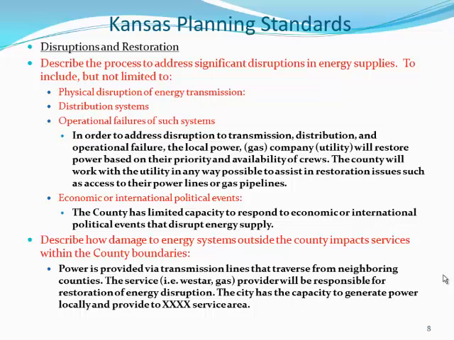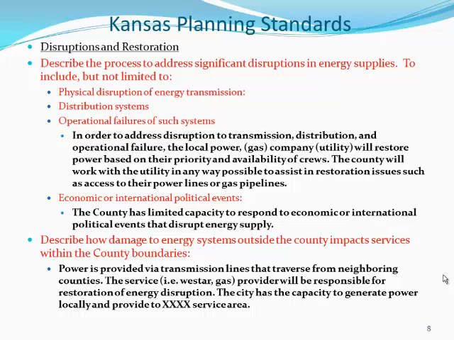They're going to do it based on their initial priority, and the best that we can do a lot of times is to cooperate with the organization and just do the best we can, making sure that they understand what our priorities may be as far as where things need to be restored. And that's what I have there as well, is that the county will work with the utility in any way possible to assist in restoration.